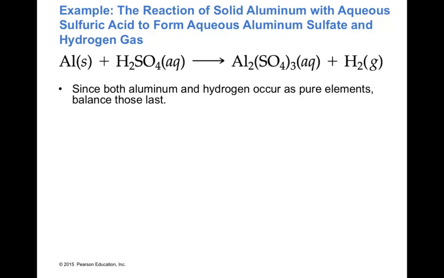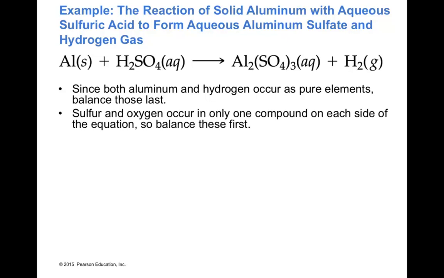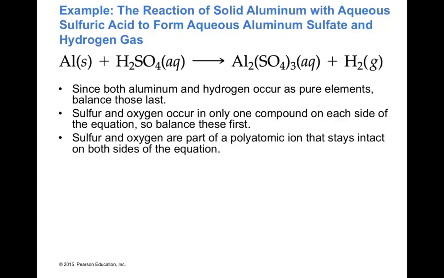So since both aluminum and hydrogen occur as pure elements, balance those last. Those are the last ones that you're going to balance in this equation. Sulfur and oxygen occur in only one compound on each side of the equation, so we need to balance these first. But also, sulfur and oxygen are part of a polyatomic ion that stays intact on both sides of the equation.